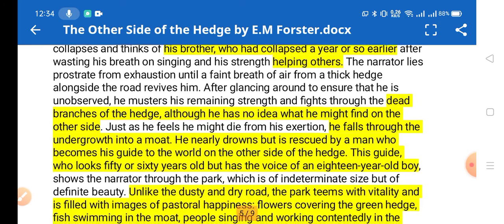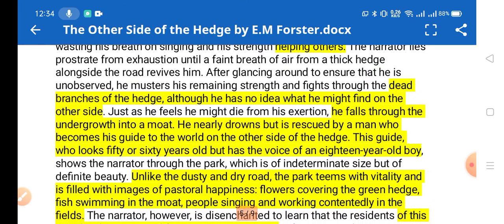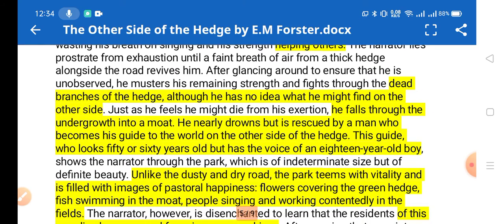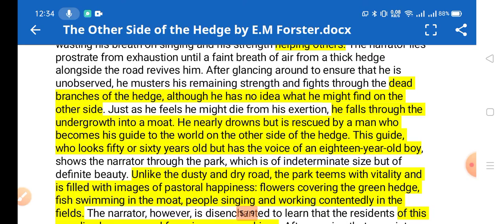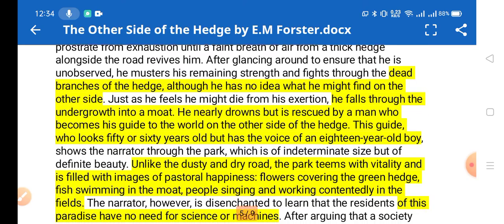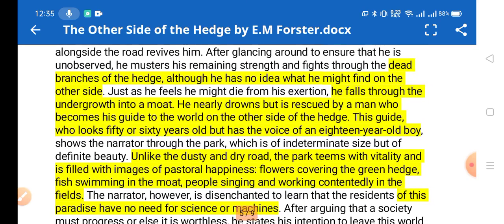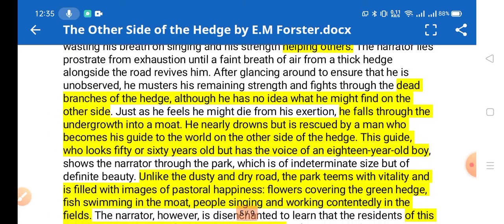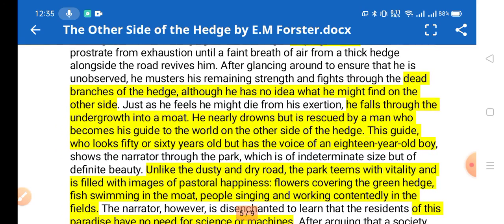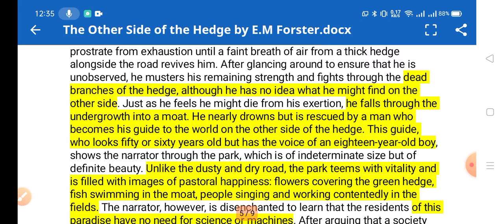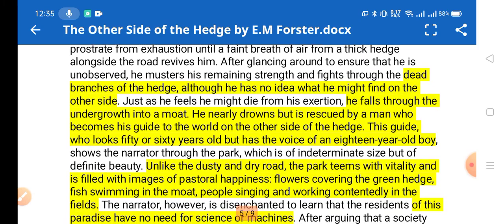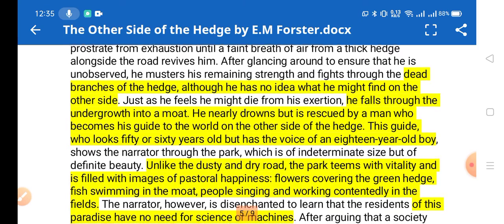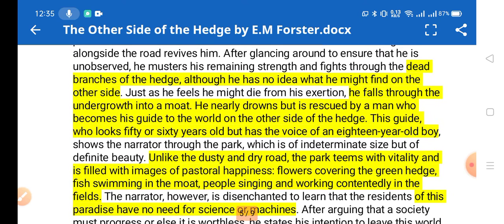others. And after that the narrator, unobserved, sits on that road, feeling unsatisfied, and he sees the dead branches of the hedge. He sees a hedge beside him, although he has no idea of what he might find on the other side of the hedge.